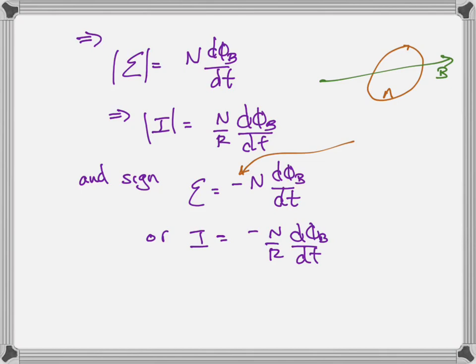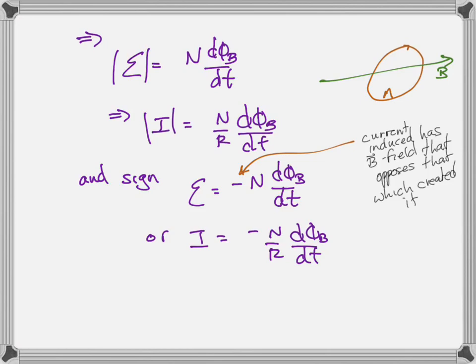So if the magnetic field, for instance, in the example in the upper right hand corner, is pointing to the right through this loop, and it's getting bigger in that direction, then it's going to induce a current that points to the left, that opposes the direction of the field which created it.